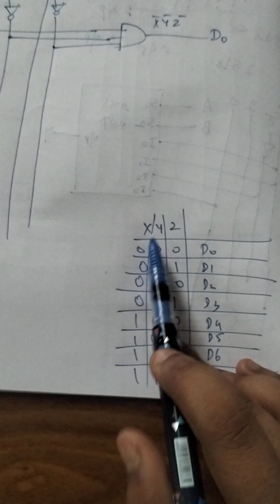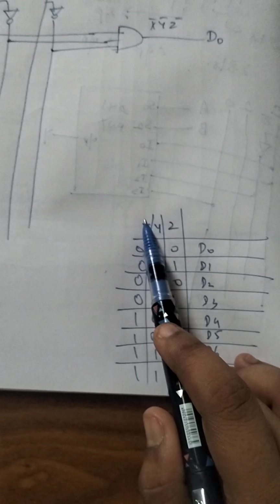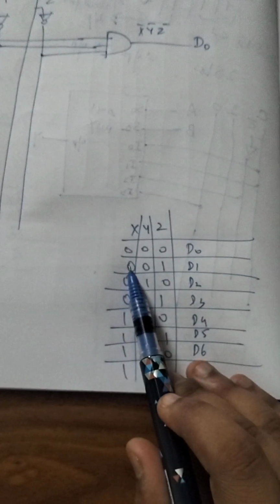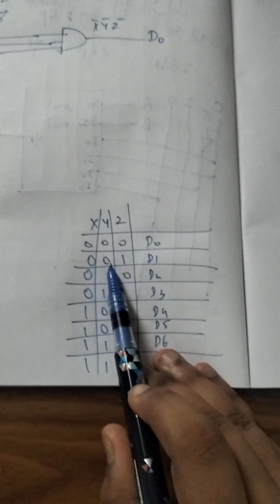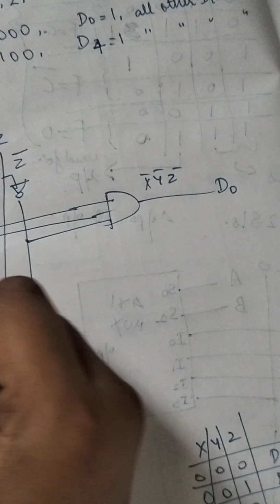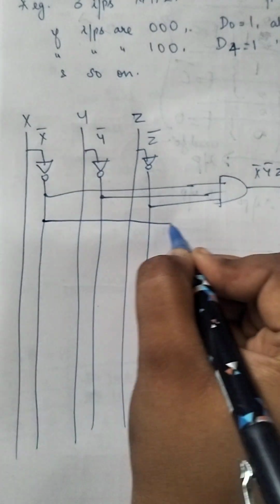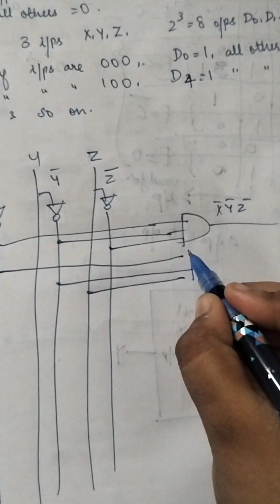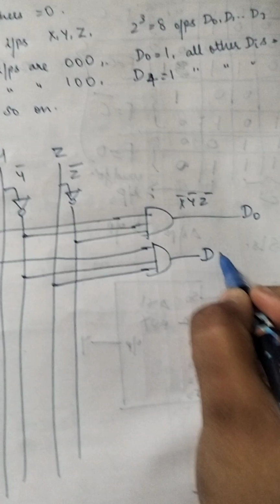Wherever you have a 0, you replace it by a complement of the corresponding variable. When you have a 1, you express it as that variable itself. For example, here it will be x dash, y dash, z. That is what our D1 is going to be. That will be D1.